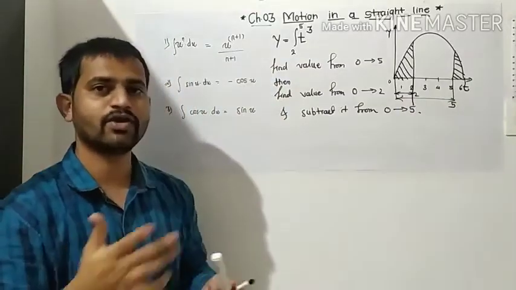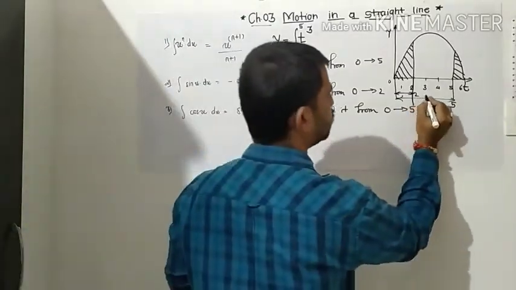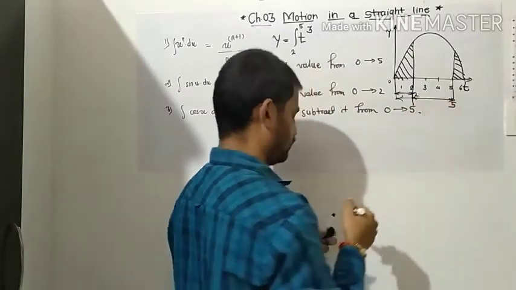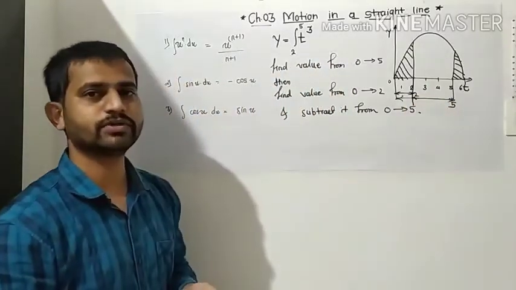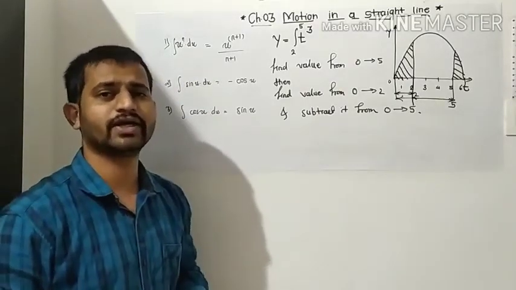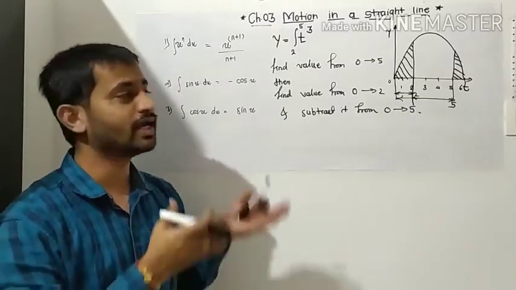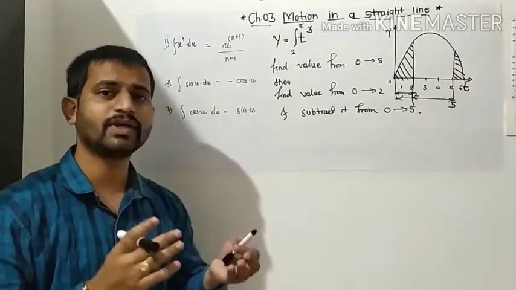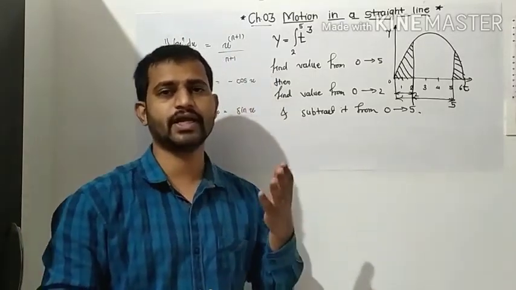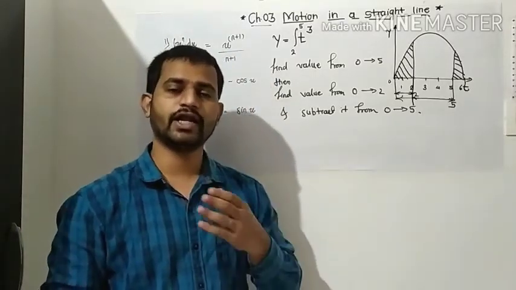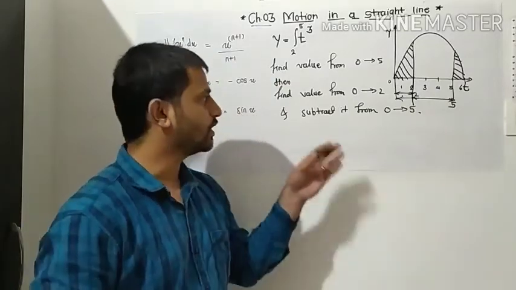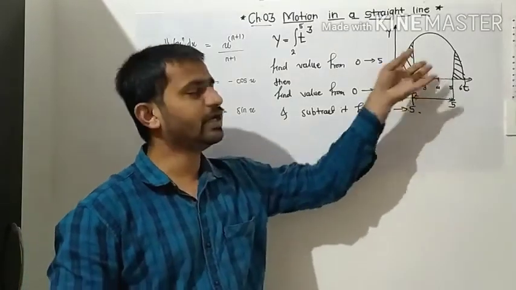Then we get the value of this equation from 2 to 5, and it will be possible to get the definite value. It is a definite value, and that's why whenever the limits are given for a particular algebraic expression, that type of integration is known as definite integration.